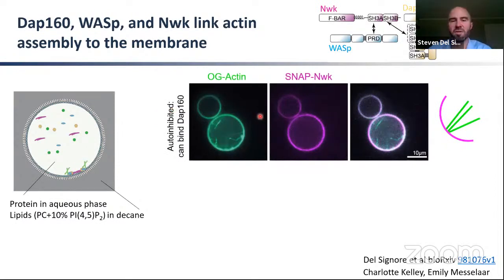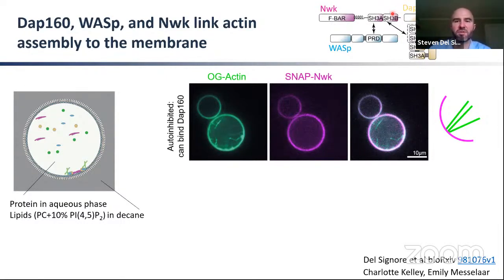And so if we take normal nervous rec, which is autoinhibited, and we mix it together with WASp and DAP160 and this green actin, we see that membrane actin assembly occurs, and it's preferentially tethered to this lipid interface here, highlighted here in green, and then you can see nervous rec decorating the membrane, the lipid interface.